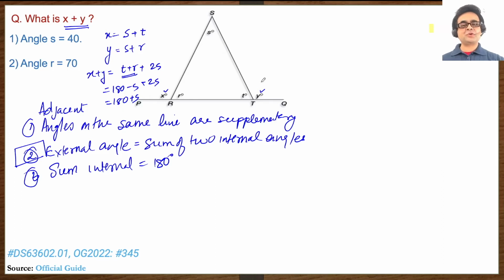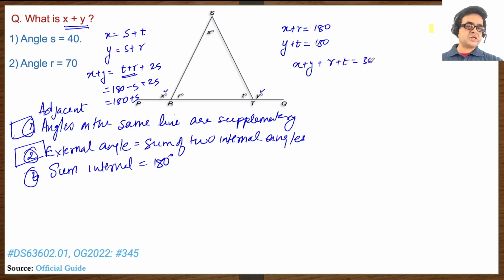The other way to approach this question is using theorem number 1, which says the angles on the same line are supplementary. So x plus r equals 180 degrees. We also know that y plus t would be 180 degrees. When you add them up, you get x plus y plus r plus t equals 360 degrees.